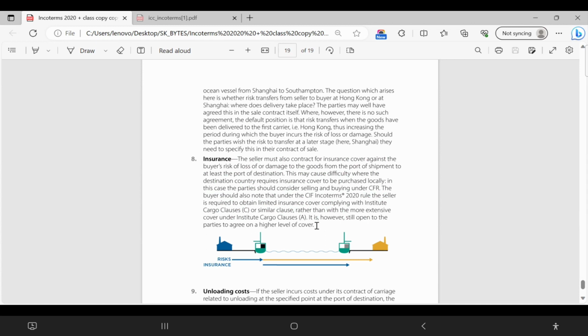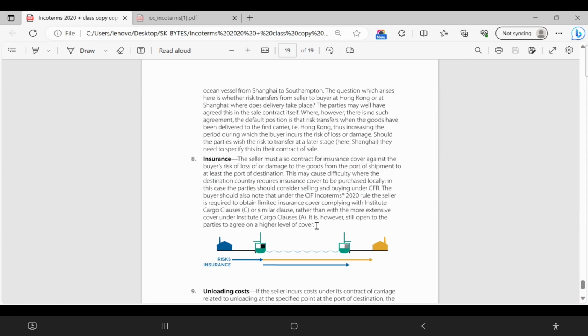If the Incoterm is CIF, the seller should arrange at least minimum cover. Minimum cover means ICC C. There are three covers: Institute Cargo Clauses A, B, C. A is the one that covers most things. C is the minimum one. If it is a CIF, the buyer should be well aware that only minimum risk cover is taken.